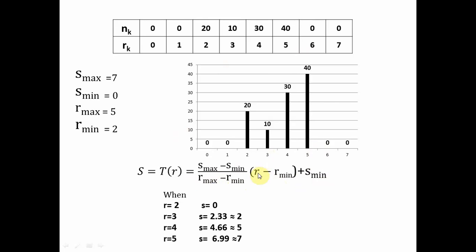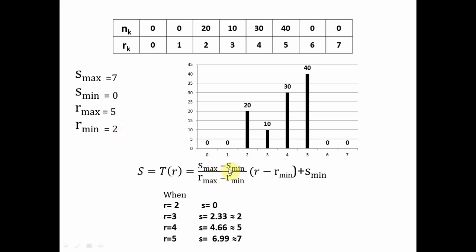I have R also. So first, when r is equal to 2, I need to calculate the s. By keeping r equal to 2: s max 7 minus s minimum 0, over r max 5 minus r minimum 2.